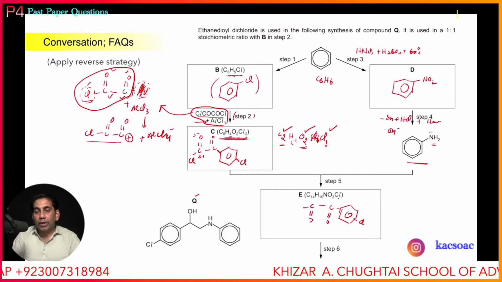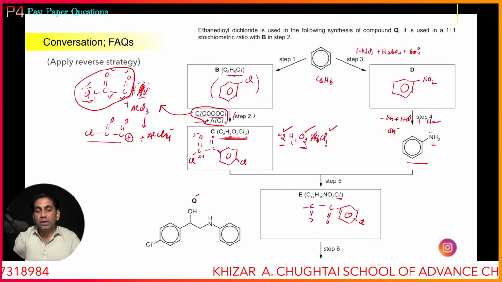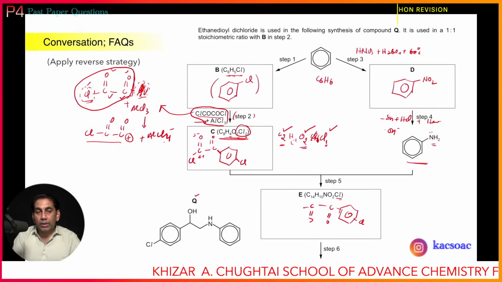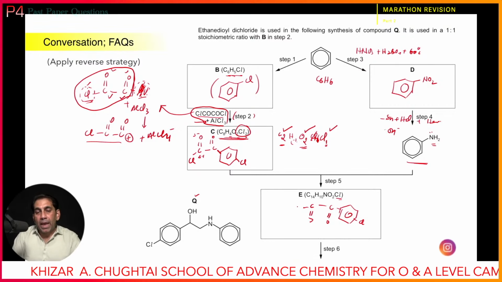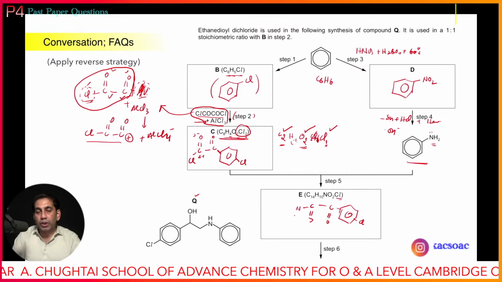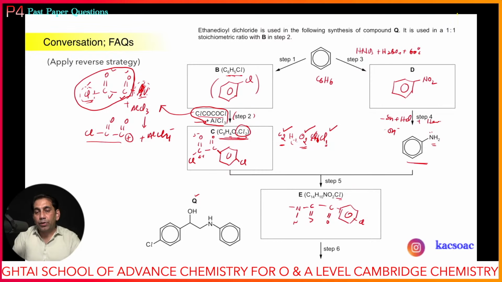Now there is only one Cl left behind. There were two Cl, you can see that. So one Cl has gone, and here is basically N, this one NH with one less hydrogen.